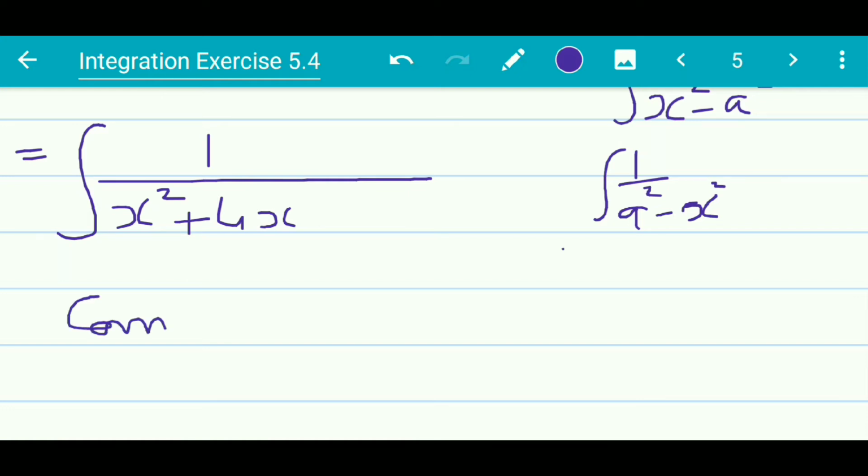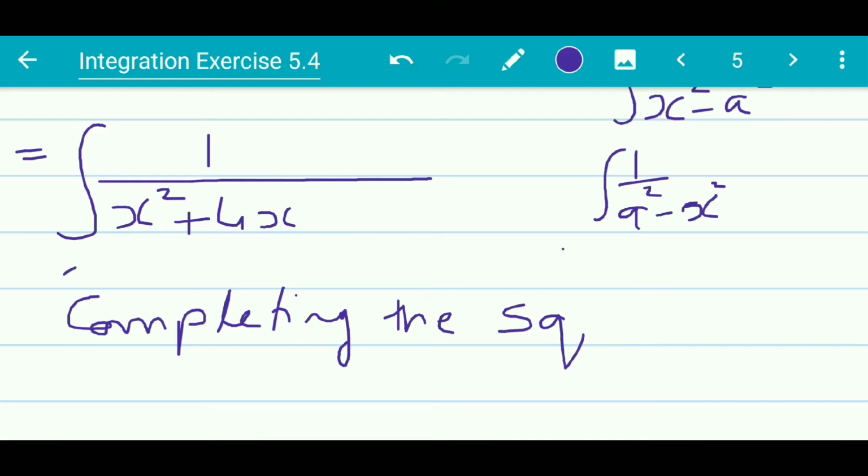So that is what we are going to do over here. In completing the square, we find the third term in a particular way, isn't it? So we are going to do this particular method over here now.